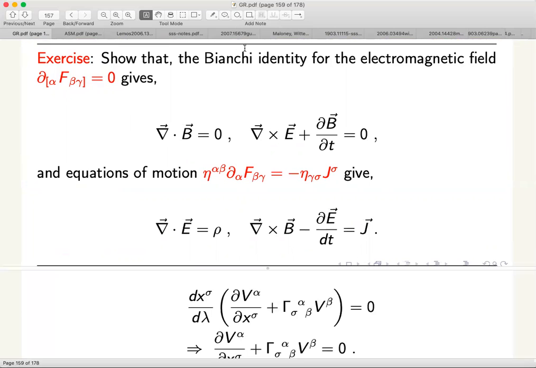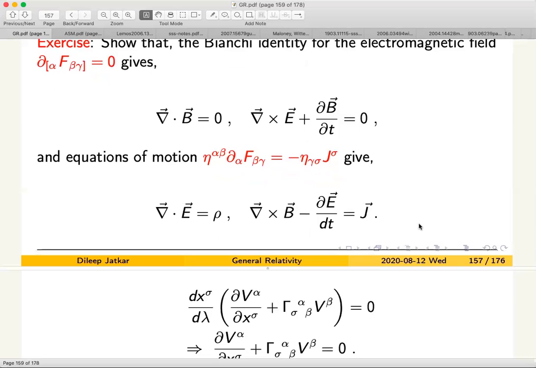The Bianchi identity for the electromagnetic field strength gives you these two equations. The divergence of magnetic field is 0, and the curl of electric field is related to the time derivative of magnetic field.